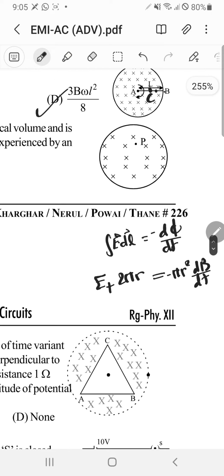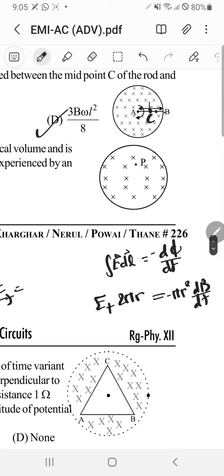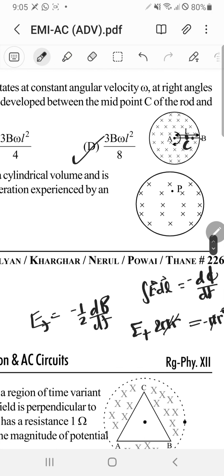Cool, that's our E tangential. In that case, E tangential equals, well, this goes over there, pi gets cancelled, r gets cancelled, negative 1 by 2 dB by dt. That's complicated. Alright, fine. So that's our tangential electric field.